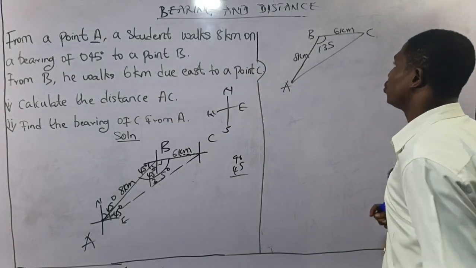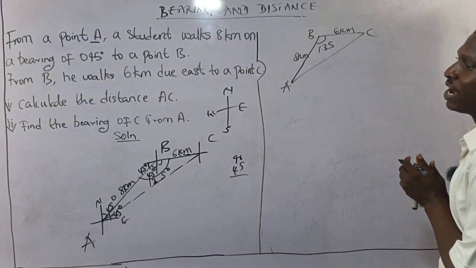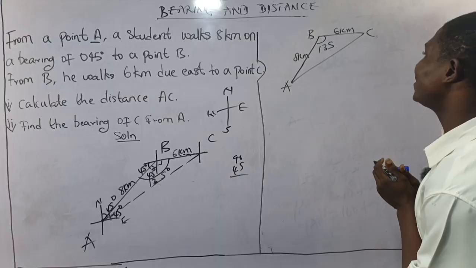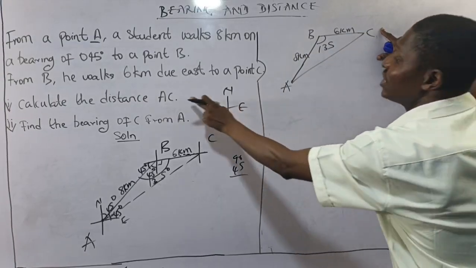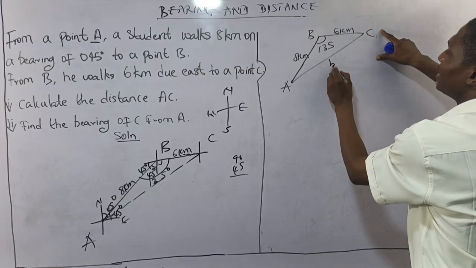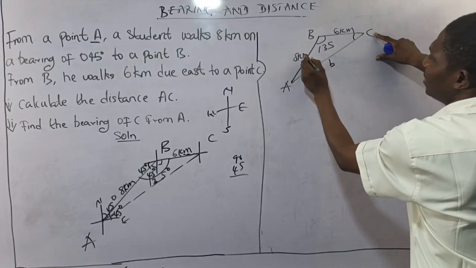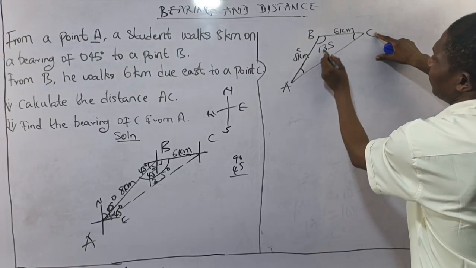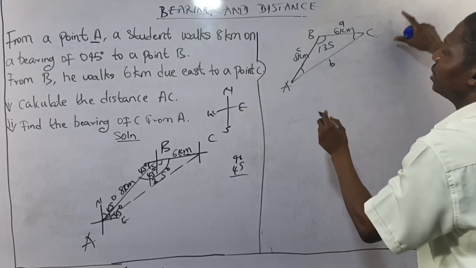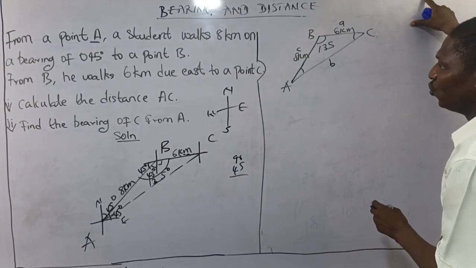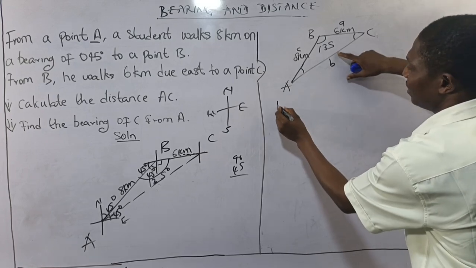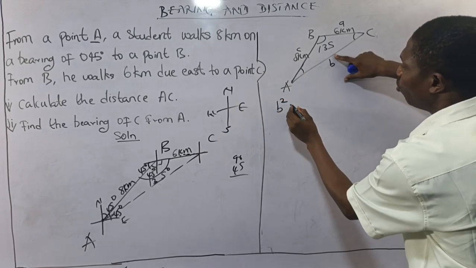Now I'm asked to look for AC, but if you observe, I have two sides and the included angle. So I can take my AC, which I'm asked to look for, to be small letter b, and this side facing this angle small letter c, and this side facing this angle small letter a. So I can use my cosine rule, which states that b squared will be equal to what?